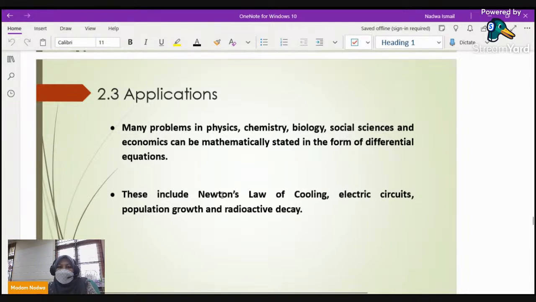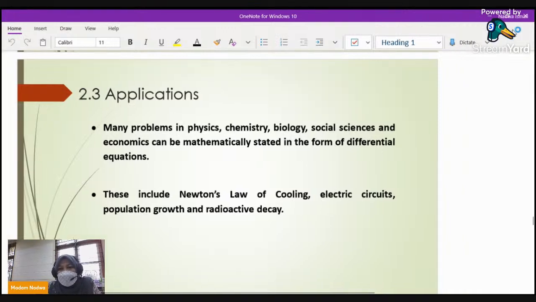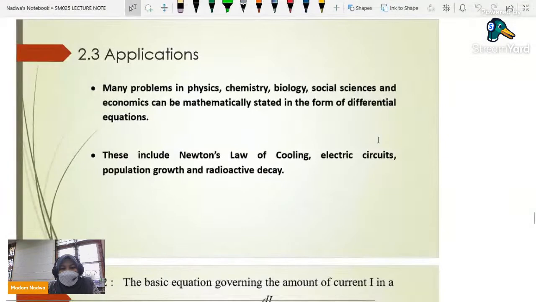Kalau Newton's law of cooling, d theta over dt. Okay, kalau electric circuit, di over dt, current, and so on. Alright, so those are some of the application that you can see. So let's see some examples.